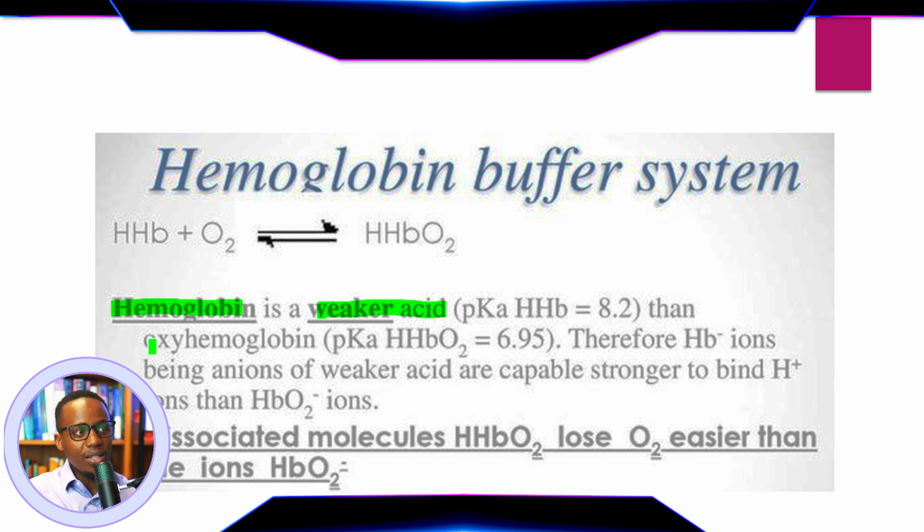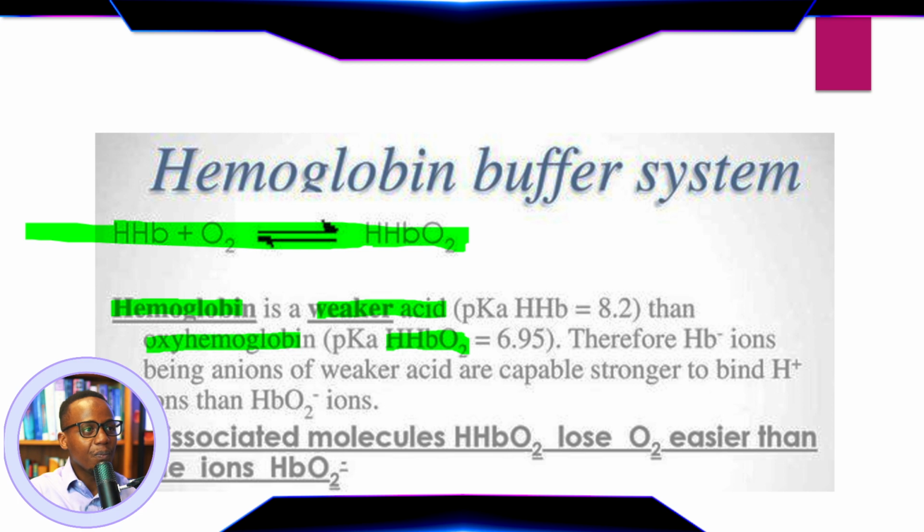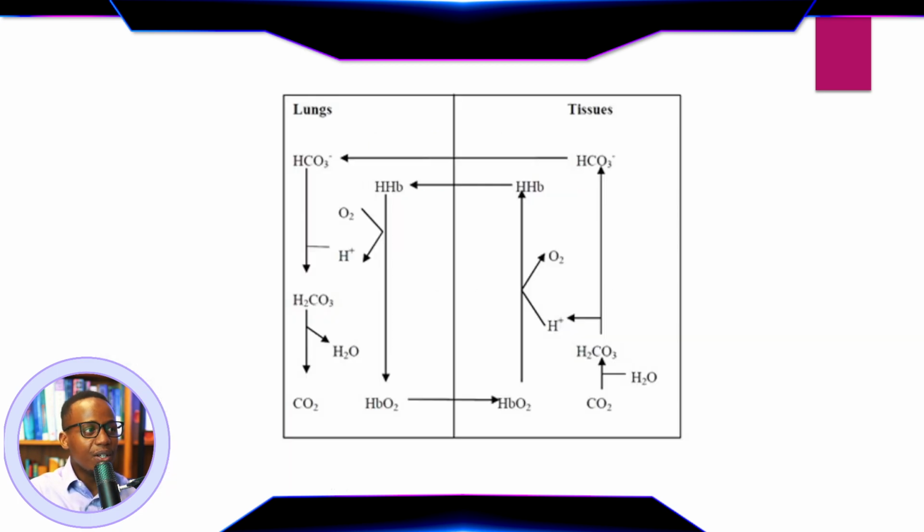And then oxyhemoglobin, or hemoglobin bound to oxygen, acts as a weaker acid. So we do have a reaction like this, right? Which can act as a buffer system, right? So this is how it kind of connects together, from lungs to the tissues.